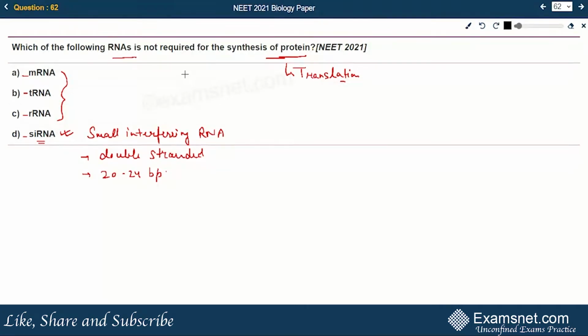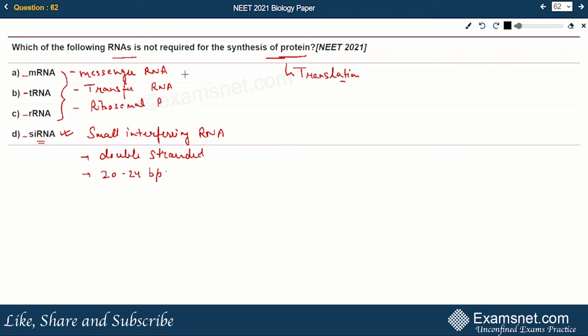Now let's see the full form of mRNA, tRNA, and rRNA. We know M here stands for messenger. So this is the messenger RNA. tRNA is transfer RNA. Whereas rRNA means ribosomal RNA.